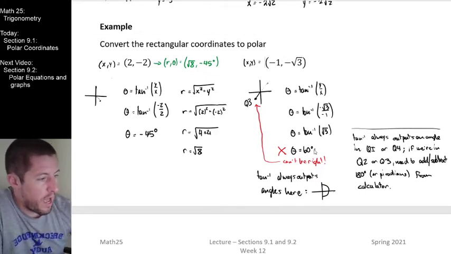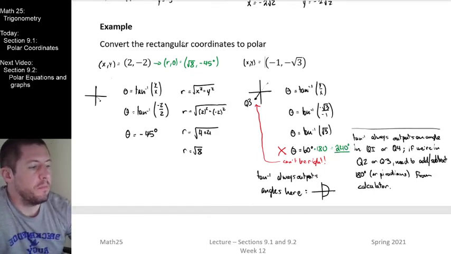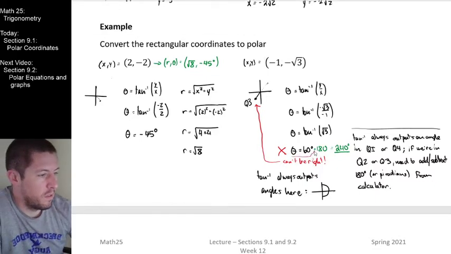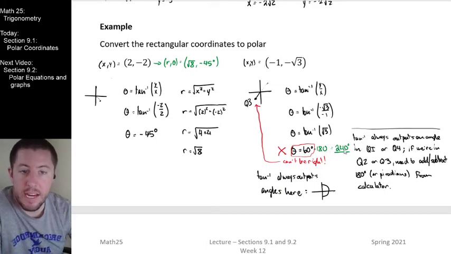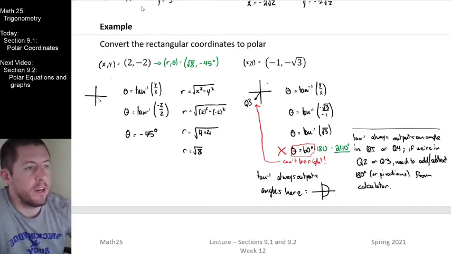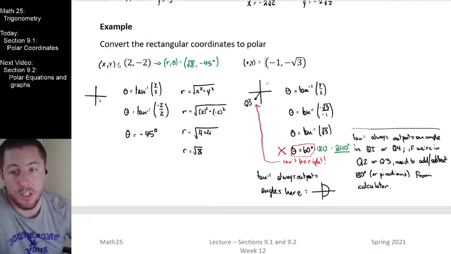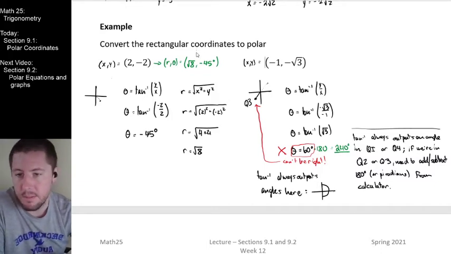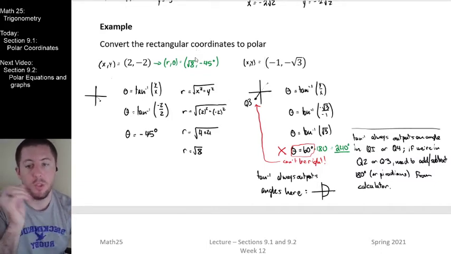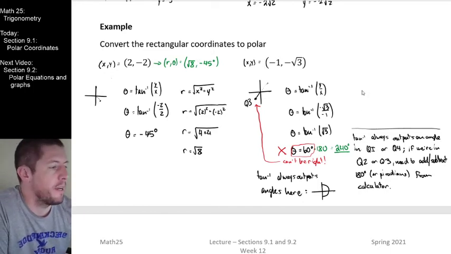The 60 can't be right, but we add 180 to get to 240. That is going to be correct right there. And that's just one of those very basic limitations of the inverse tangent function and all of our inverse trig functions, that they're stuck only giving us outputs in one little span, whereas we might want to see other outputs. We have to manually make that adjustment here.